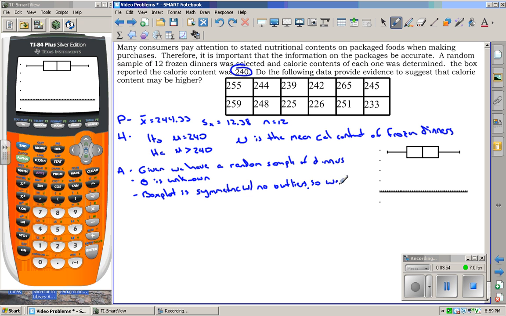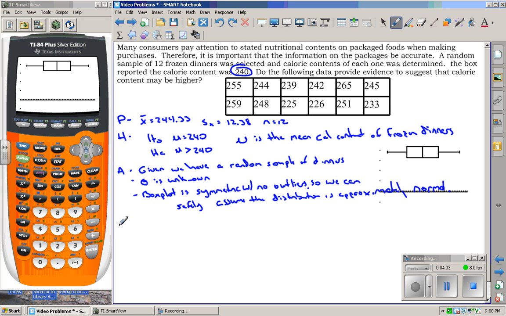So we can safely assume the distribution is approximately normal. Now, if you're going to do this, you should always draw the box plot. You should draw a quick sketch of the box plot to show that you did actually check it.